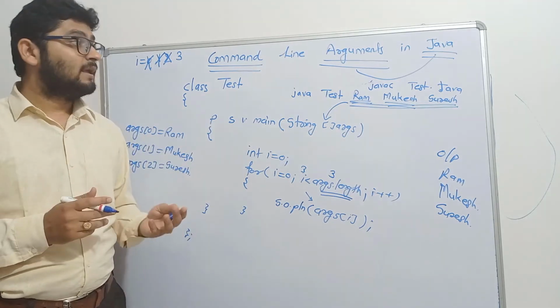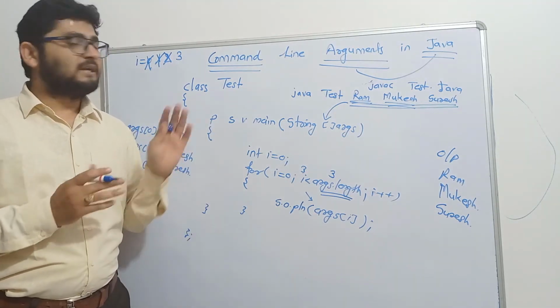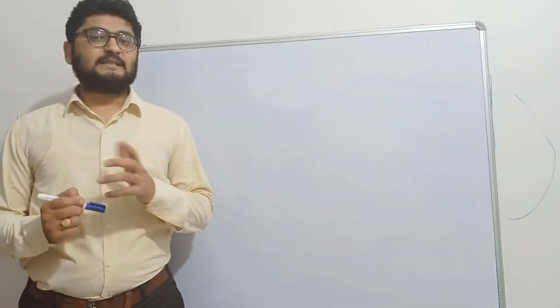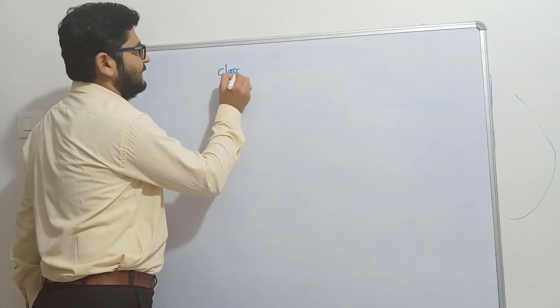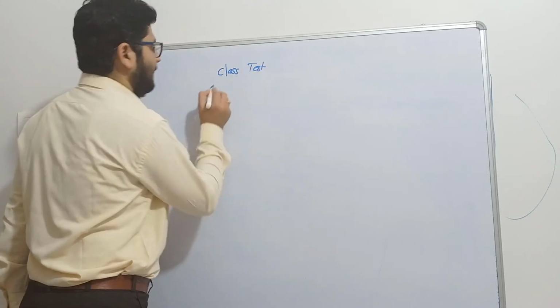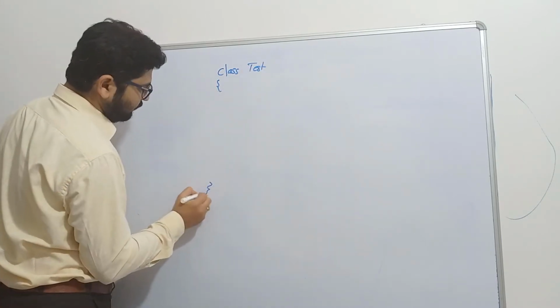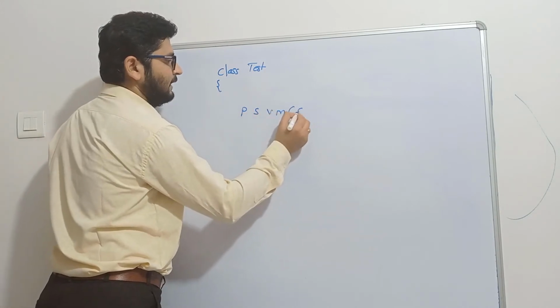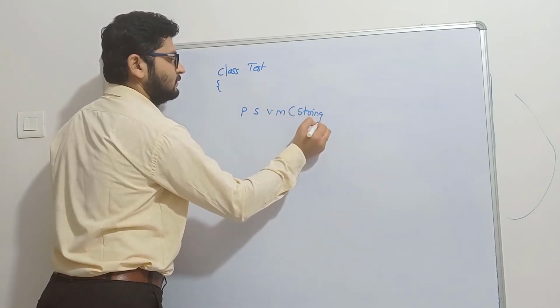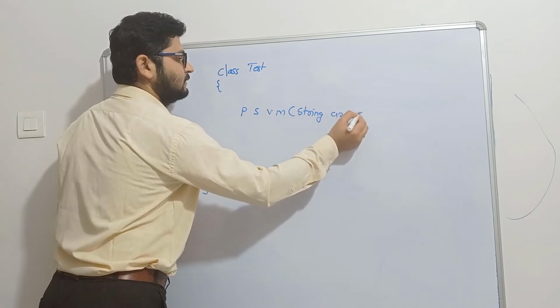Now we will see what are the applications of using command line arguments. Let us suppose I have one program, class Paste, and in this program I have one public static void main, and there is String args.